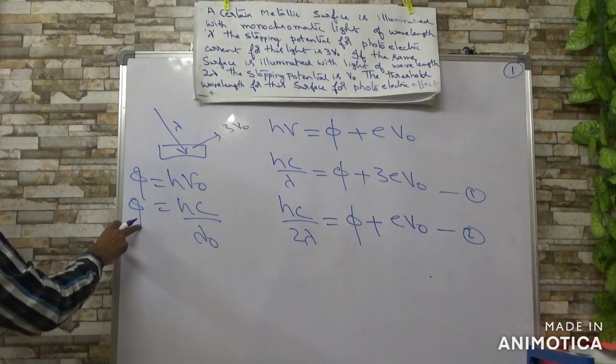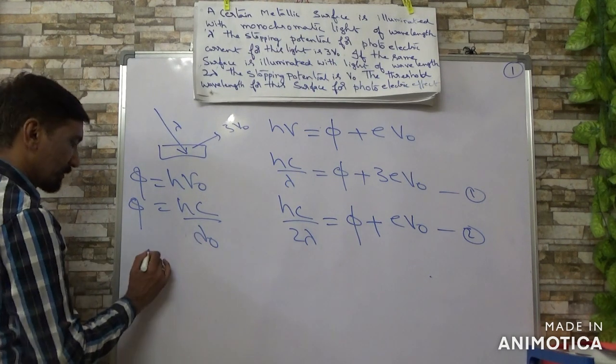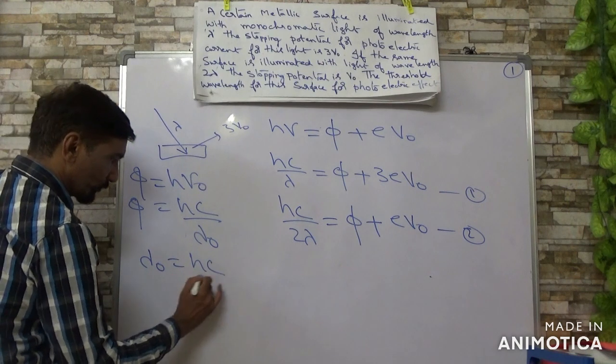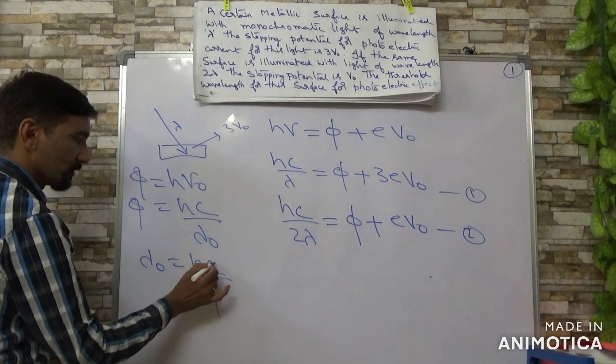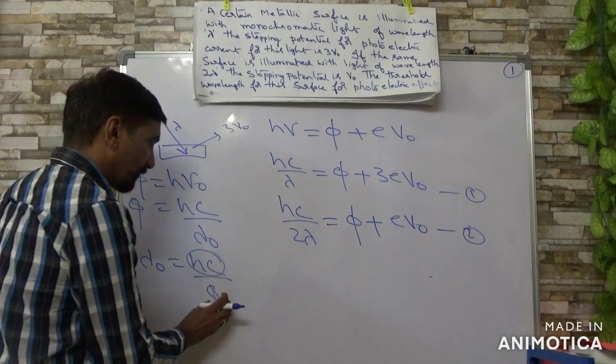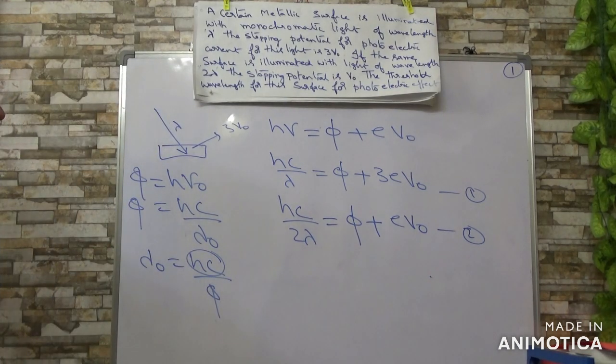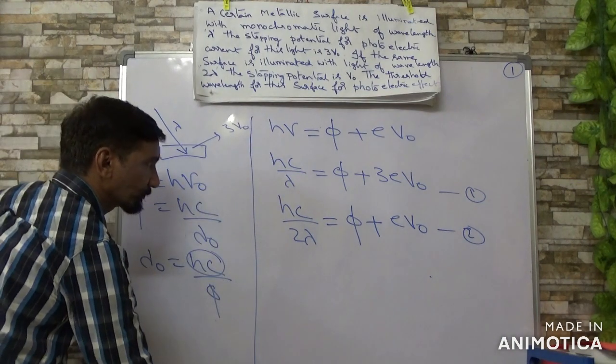Phi equals hc by lambda naught. So in order to find lambda naught, you require the work function and the product hc. So first we need to find the work function and also this product hc value.